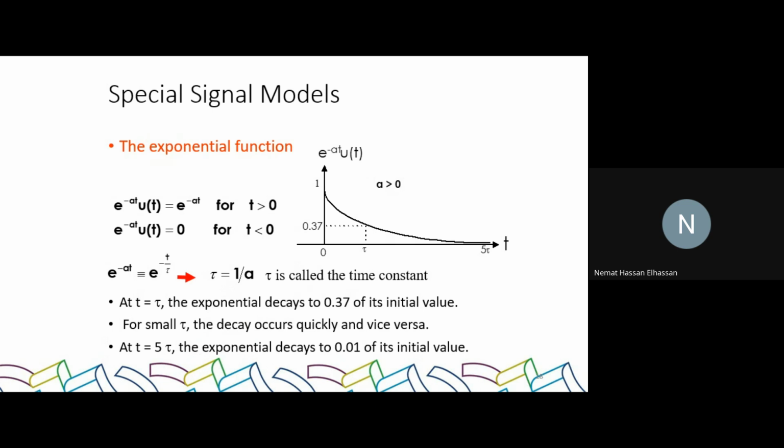An exponential function is in the form of e power a t. Now, an exponential has two types. It could either be an increasing, or what we call a growing, exponential when a is positive, or a decreasing exponential when a is negative.